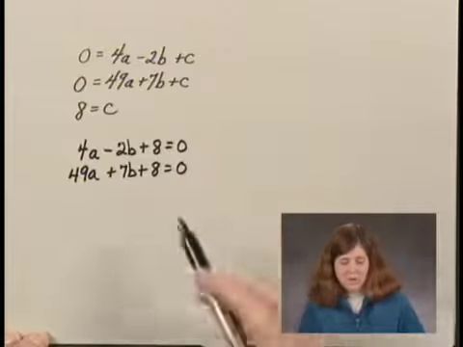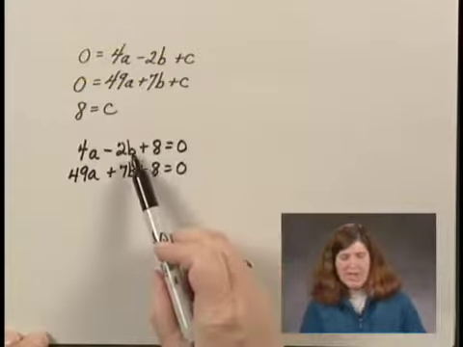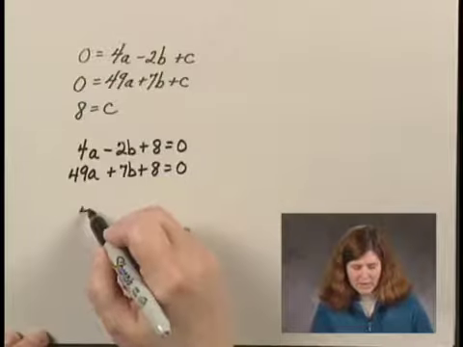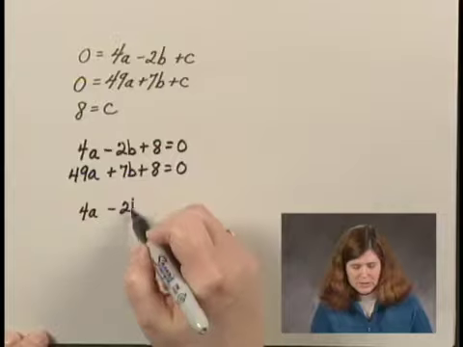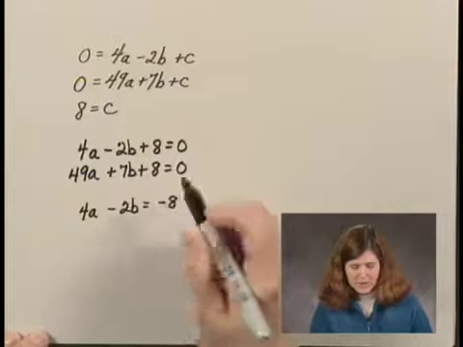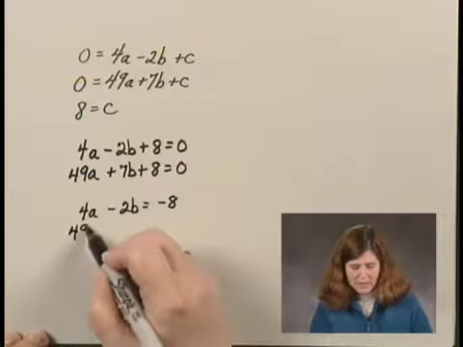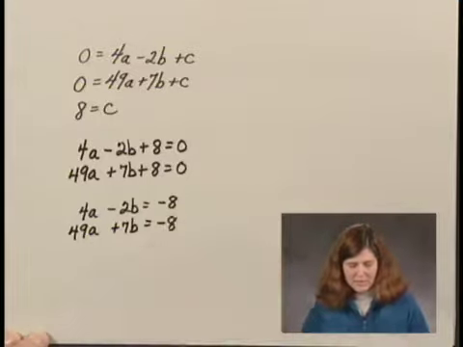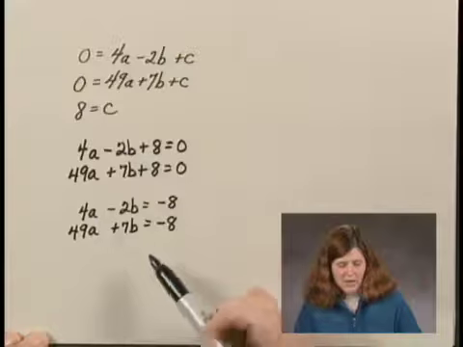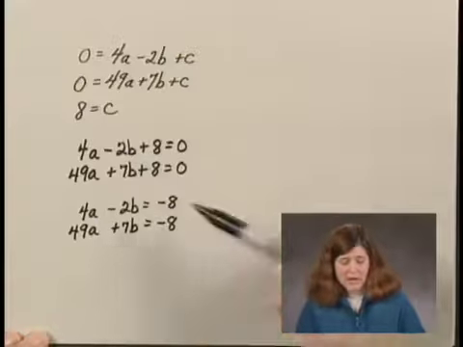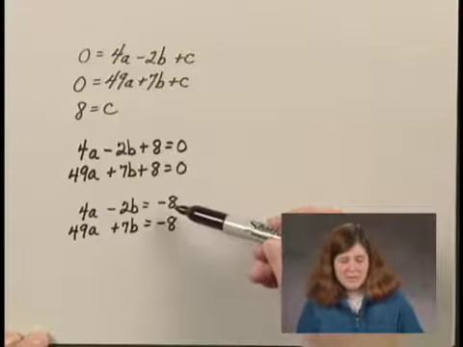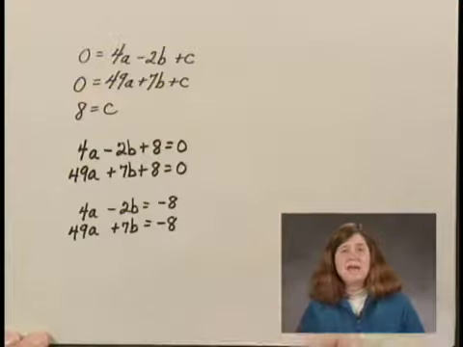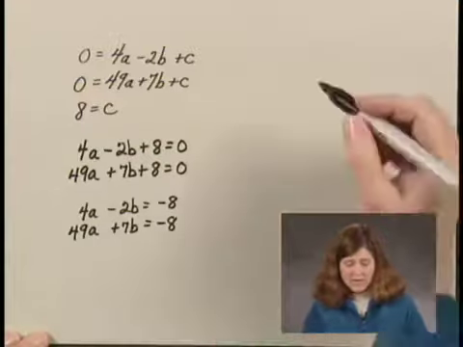Now, typically we write the variables on the left side and the constant on the right side, so I'll subtract 8 from both sides, and I have 4a - 2b = -8 and 49a + 7b = -8. I need to multiply the first equation by 7 and the second equation by 2, and then I'll be able to add, and the b terms will cancel.